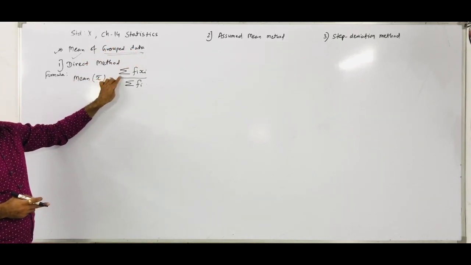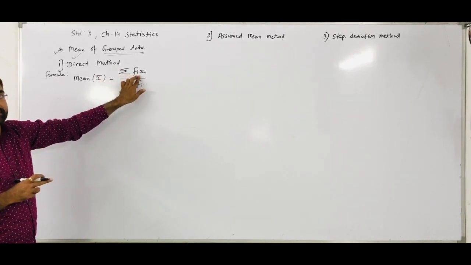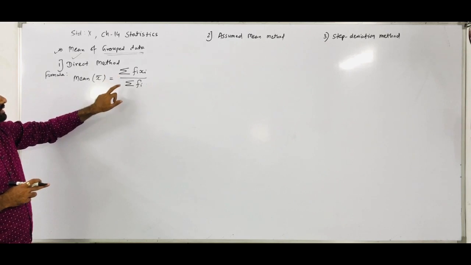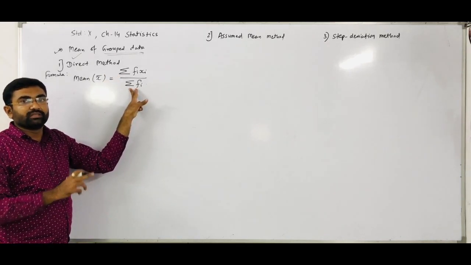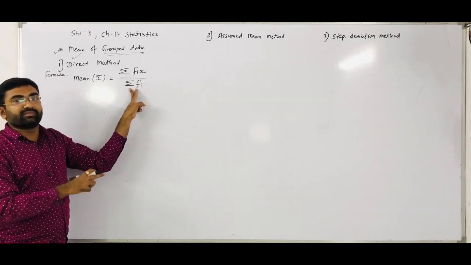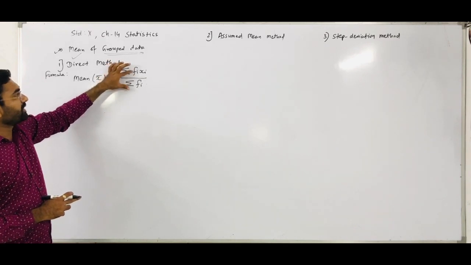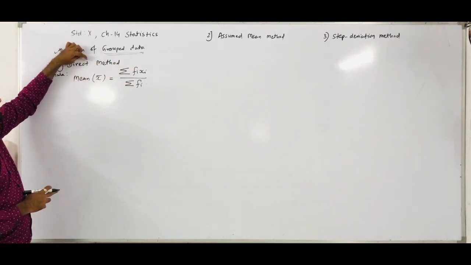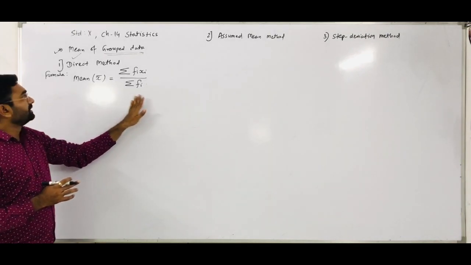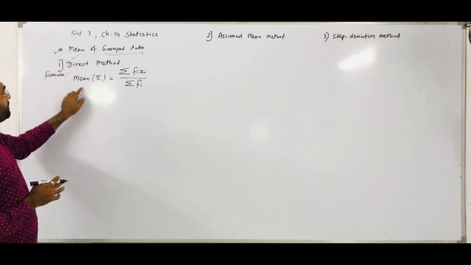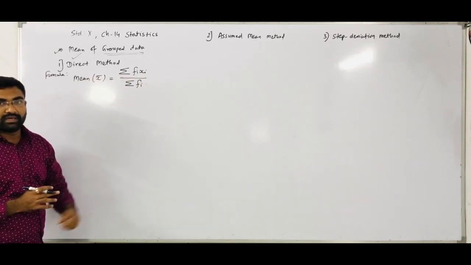This is the sigma symbol, which represents the summation of fi xi in the numerator. In the denominator is the summation of all frequencies. Sigma fi means whatever frequency is given, you take its summation and put the value in the denominator. Whatever you get is your mean by the direct method. So this is the formula for the direct method: mean equals sigma fi xi upon sigma fi.